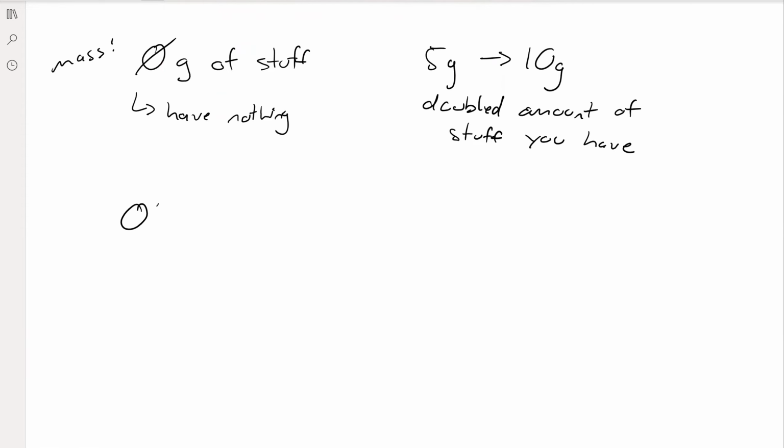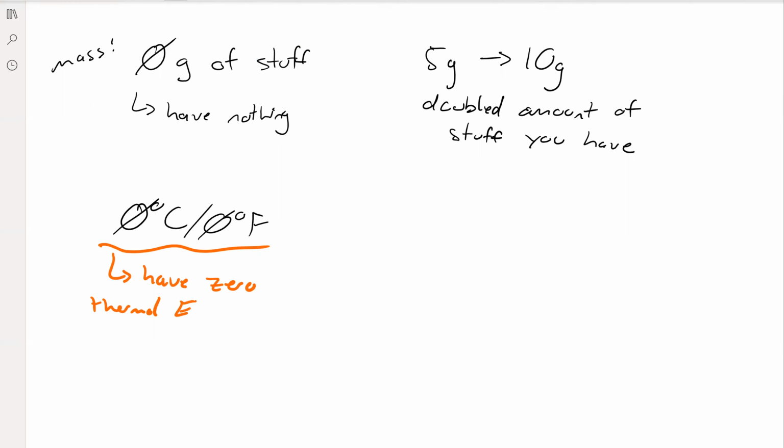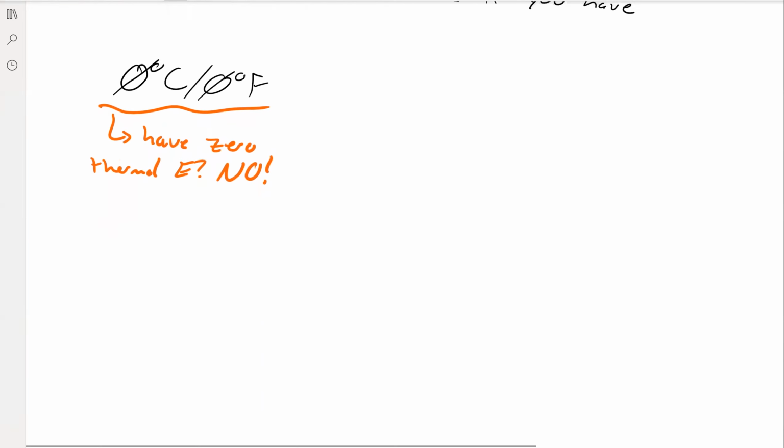What about 0 degrees Celsius or 0 degrees Fahrenheit? Do these two mean that we have 0 thermal energy? And the answer is no. They do not mean that we have 0 thermal energy.